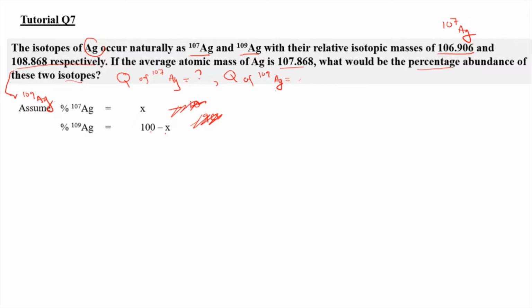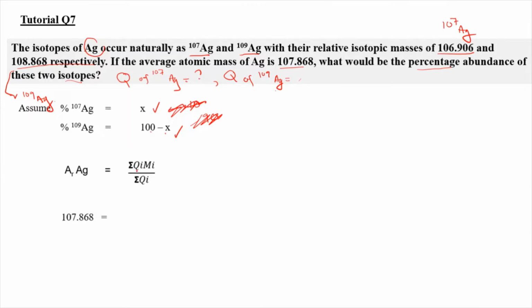Okay, so by having this kind of assumption, now we can use our formula of the average atomic mass, and we're going to use ΣQM over ΣQ. So the average atomic mass of argentum is 107.868, and it does not have any unit.